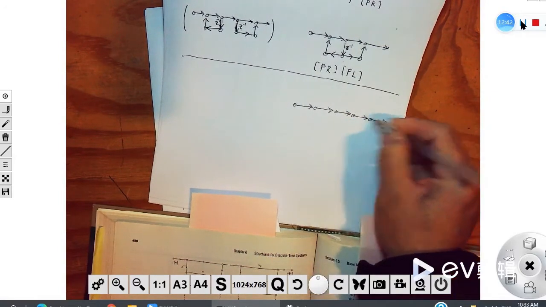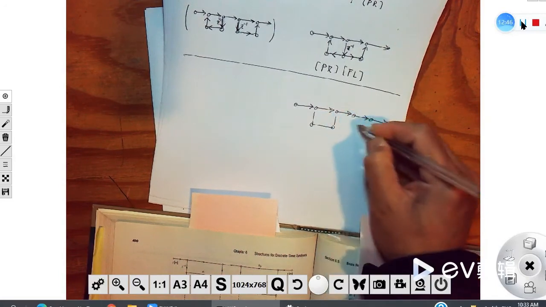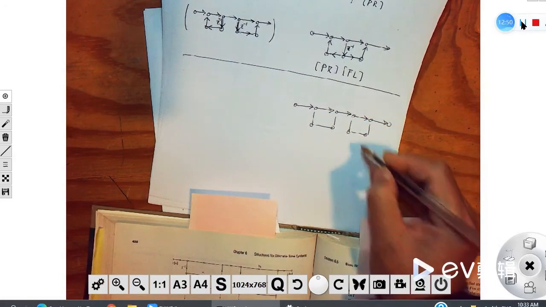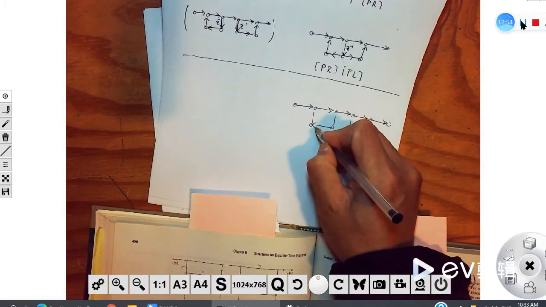I only gave the block. Give one level. Actually, it should be several levels. Depends, right? Okay. So this is a forward, this is a backward, and the delays are here.